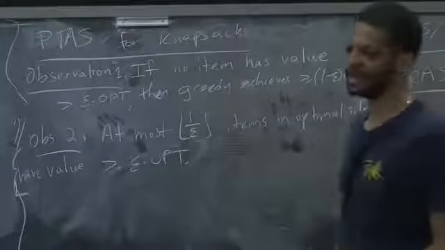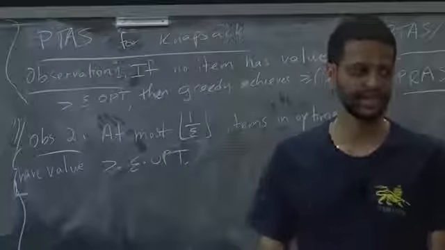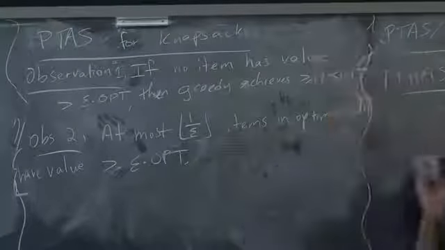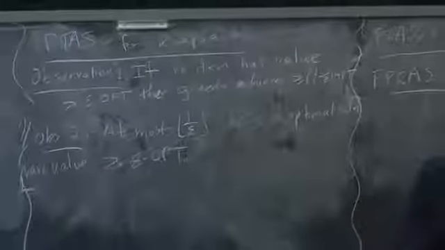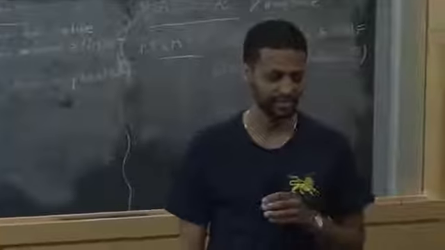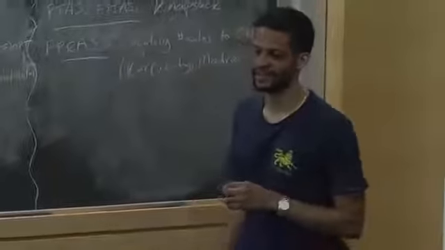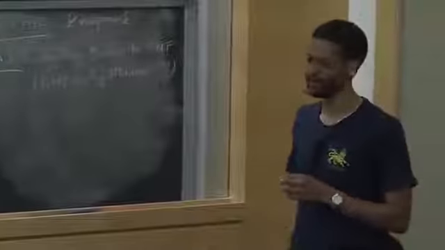Okay, so now, what's a PTAS? Remember, epsilon is a constant. So give me some algorithm that, given a fixed epsilon, runs in polynomial time. Your exponent is allowed to behave as you want in terms of epsilon.